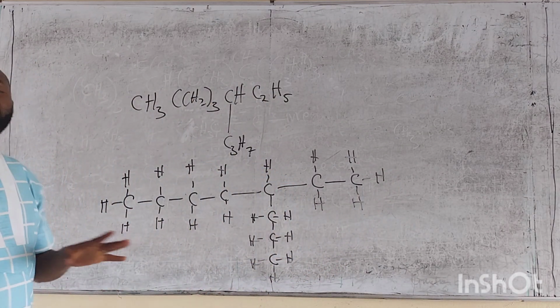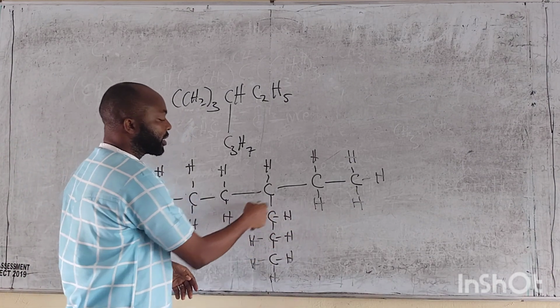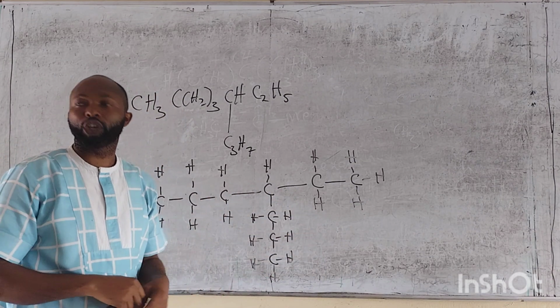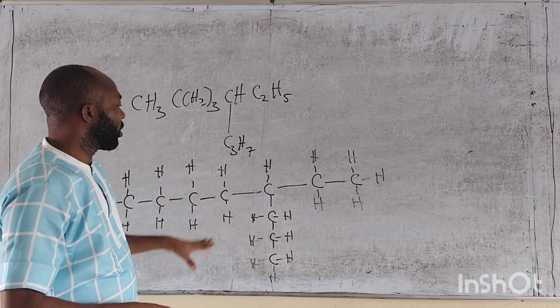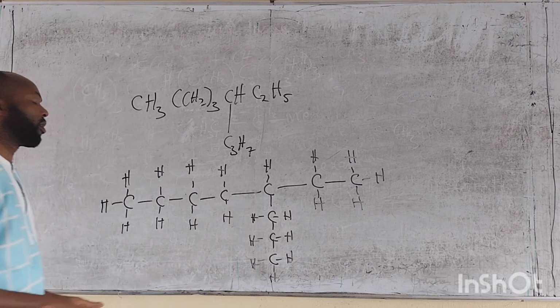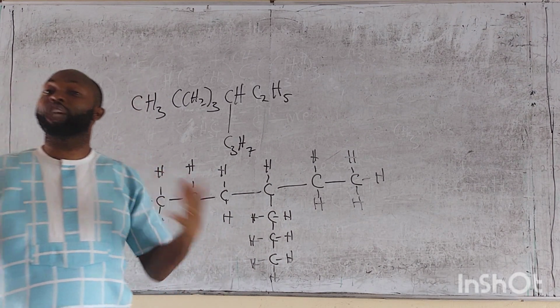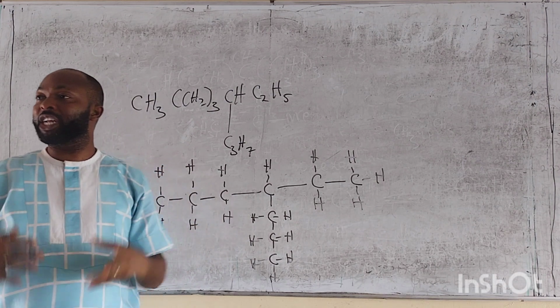Now, if you see it this way, this is a substituent, or the base is a substituent. But according to the rules, we should name the longest possible chain as the parent chain.